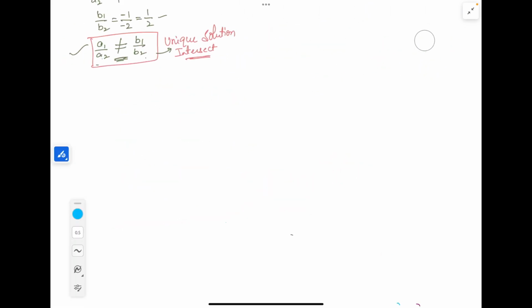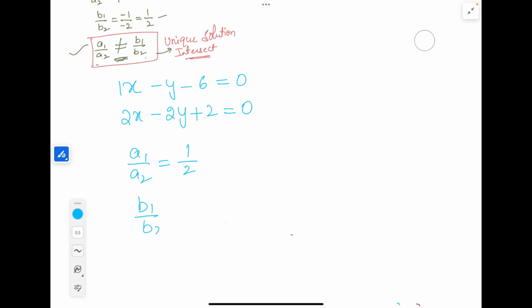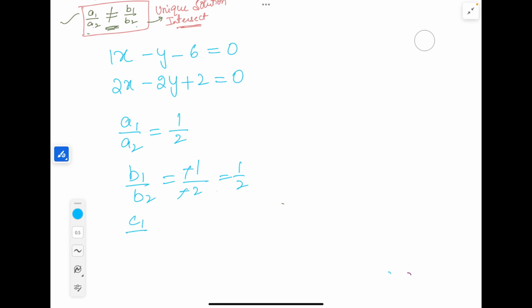Then the second question was x minus y minus 6 is equal to 0 and 2x minus 2y plus 2 is equal to 0. Okay. Now here a1 by a2 is 1 by 2. Okay. b1 by b2 is minus 1 by minus 2, which is 1 by 2 again. Now let us see c1 by c2. c1 by c2 is minus 6 by 2, which is minus 3.